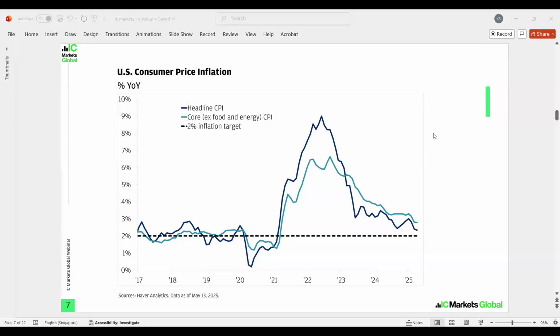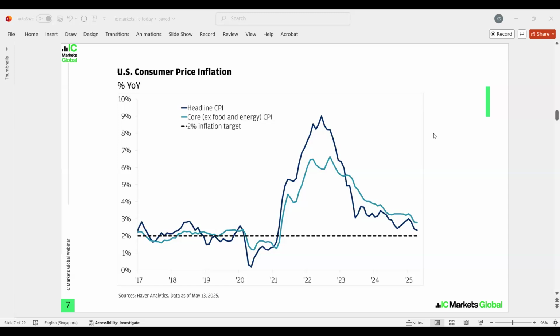These components can swing sharply due to external factors like oil prices or supply shocks, which is why headline CPI can sometimes be noisy. Core CPI, on the other hand, strips out food and energy prices and focuses on the underlying trend of inflation in the economy.